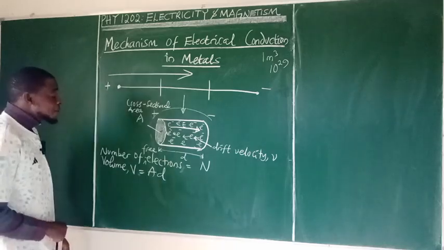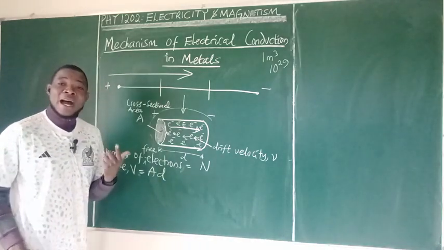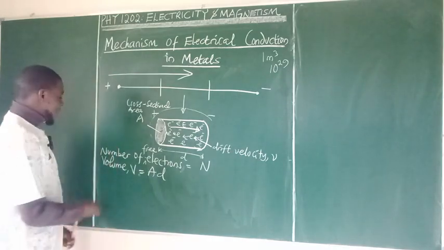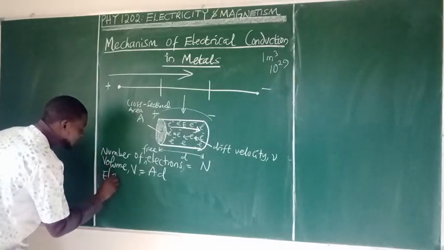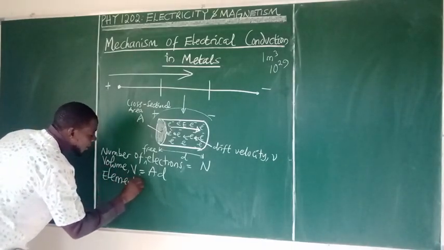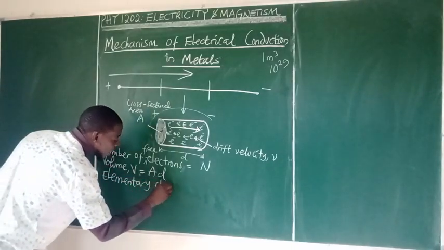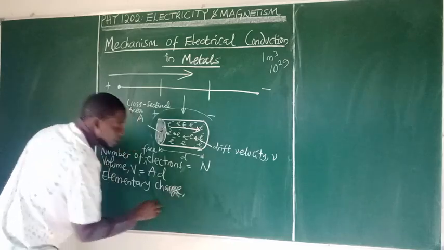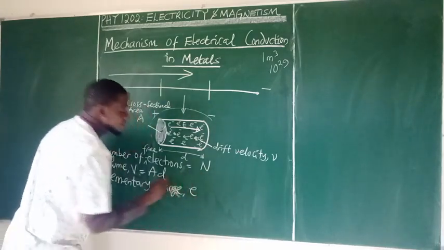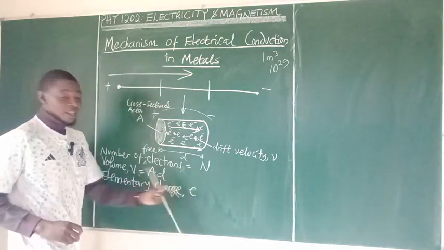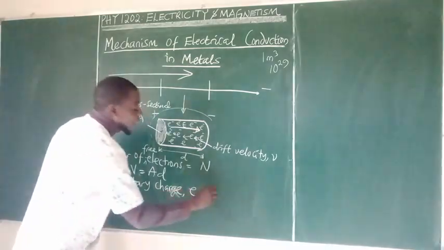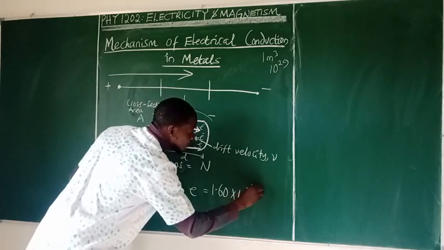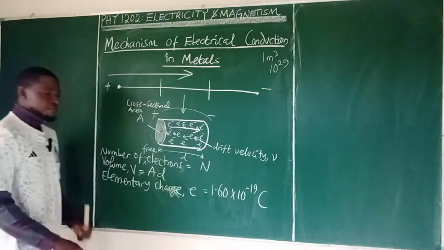Remember, each electron has a charge that we call elementary charge, given the lower case letter e, and the magnitude is 1.60 times 10 to the power of minus 19 Coulomb.